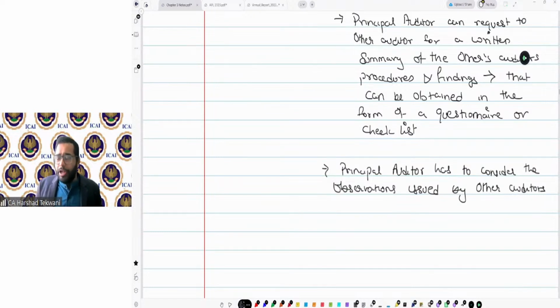He needs to not only record how he has dealt with it, but also record the names of the other auditors and the conclusion reached in their individual components, whether material or not. The principal auditor is also required to document the procedures performed and the conclusion reached by the principal auditor. So a lot of things are required to be documented.